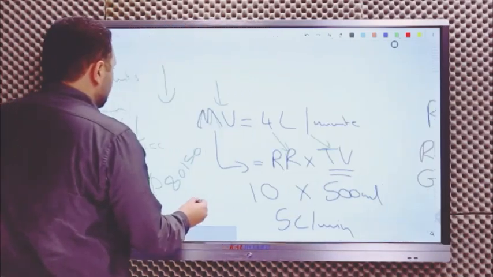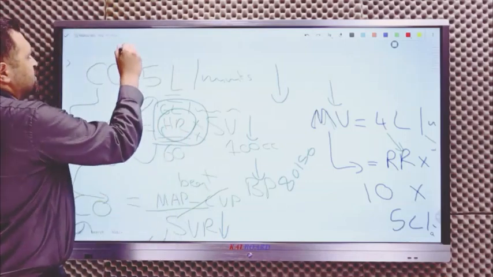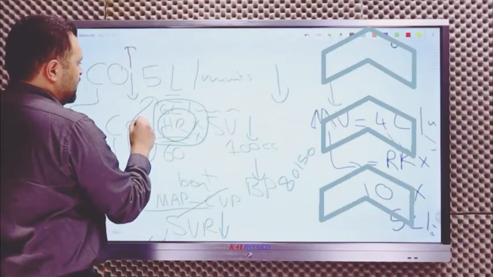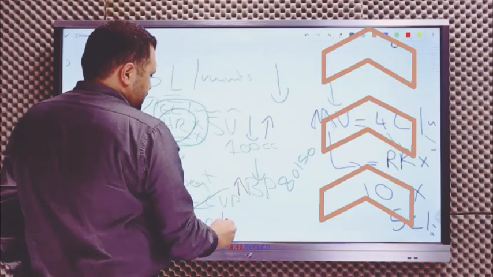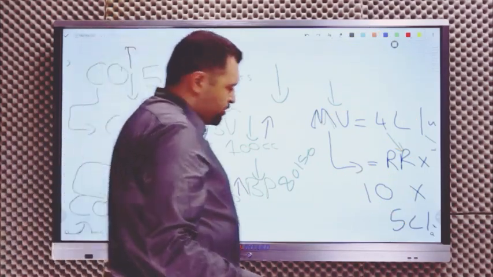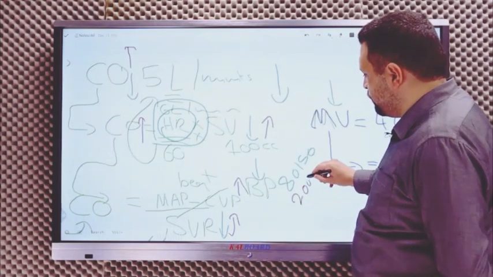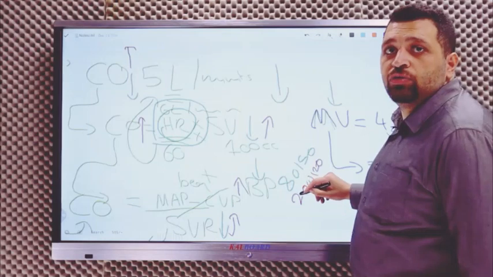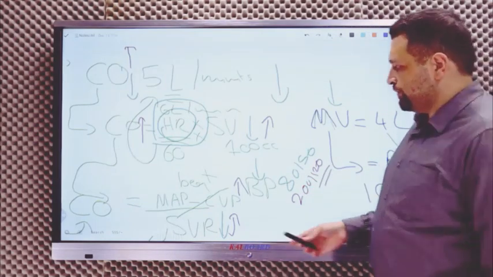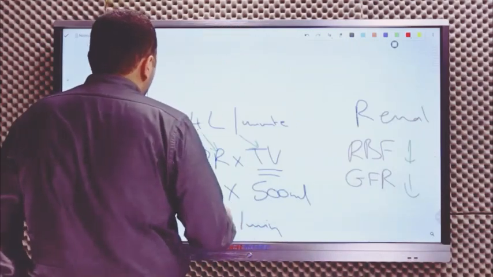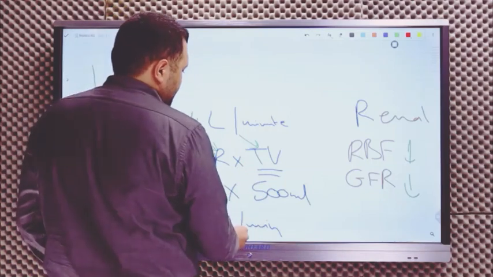Now, let's go to ketamine. Ketamine increases the cardiac output, the heart rate, the stroke volume, blood pressure, and systemic vascular resistance. So if you have a blood pressure of 200/120, you should avoid ketamine. It also increases the minute ventilation, the respiratory rate, and the tidal volume.